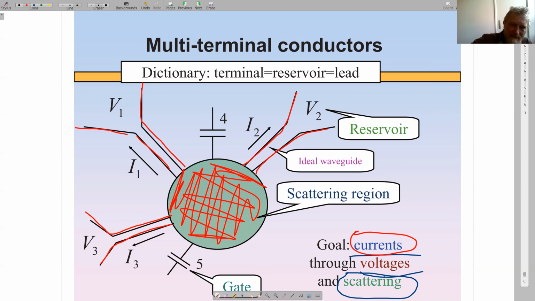So I put some gates. But gates don't have a direct electric connection to the structure. There is no DC current going to the gates. They just change the scattering matrix. They don't lead to any extra transport.